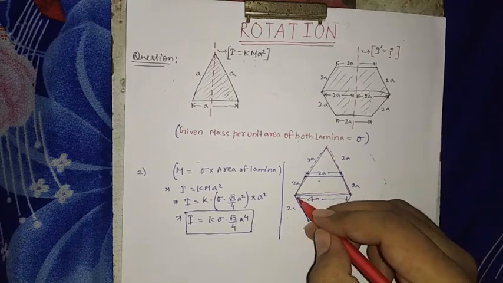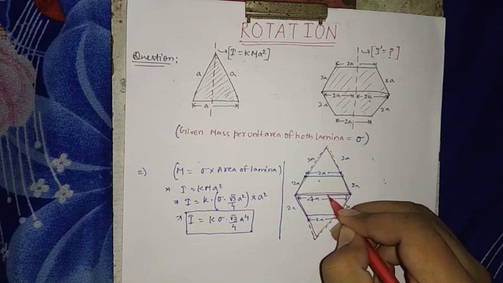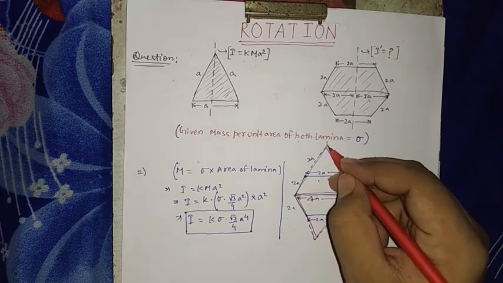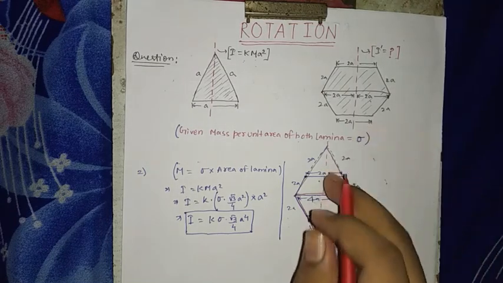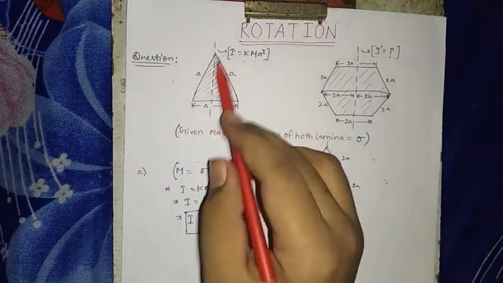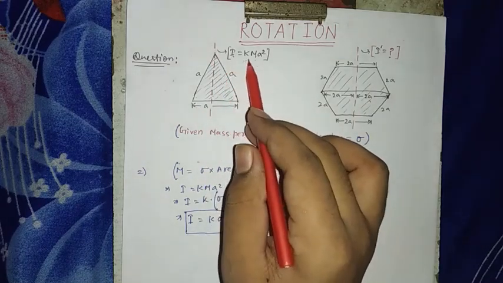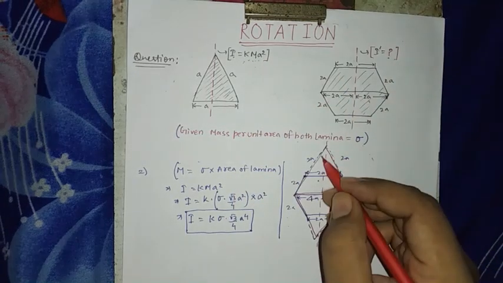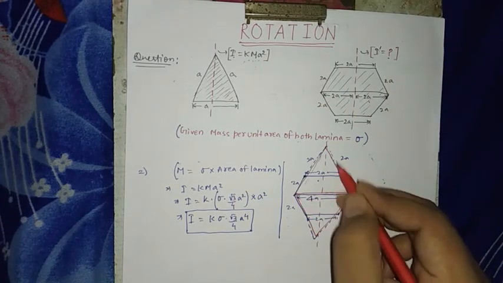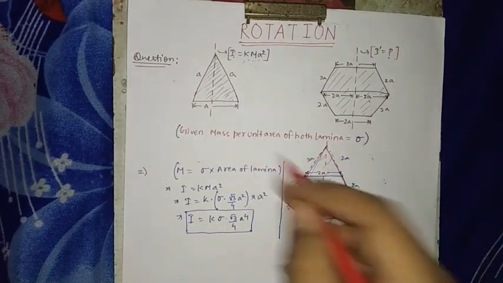Now here also we get a triangle of side 4a, and we have to find the moment of inertia about this axis. Here we have seen that the moment of inertia of a triangular lamina about this axis of side length a is I equals k mass of the given lamina into a square. So this is a big triangle, similarly the same triangular lamina.